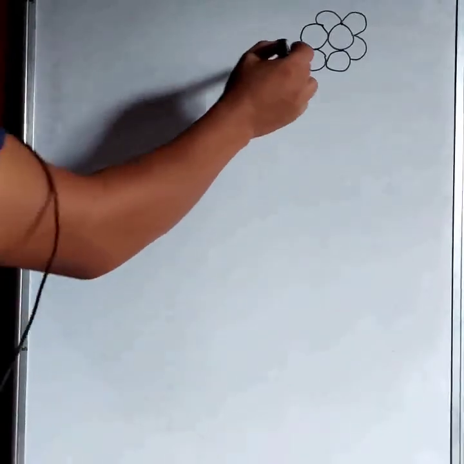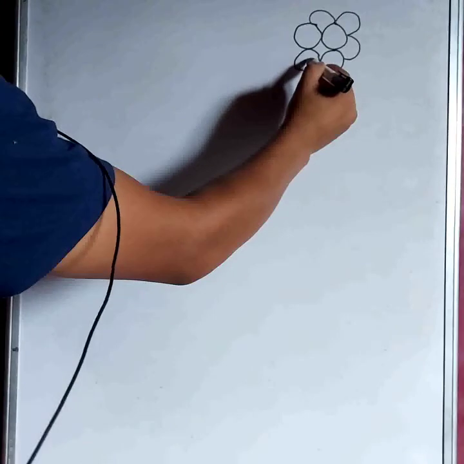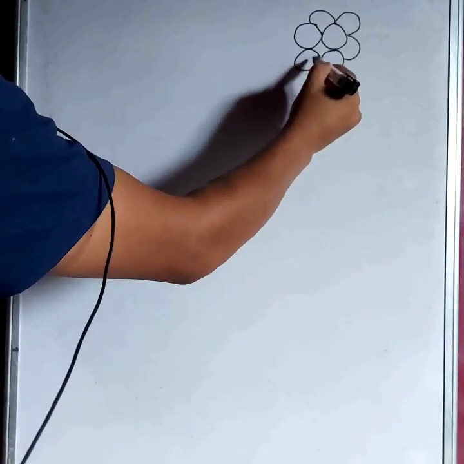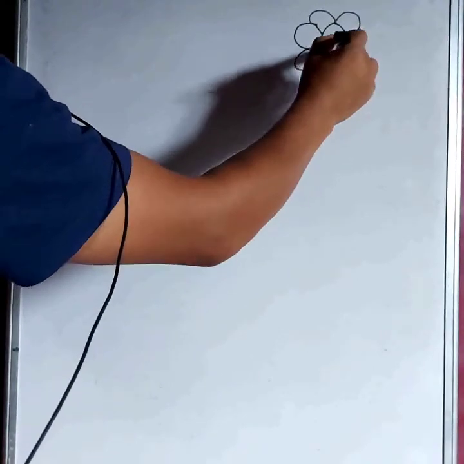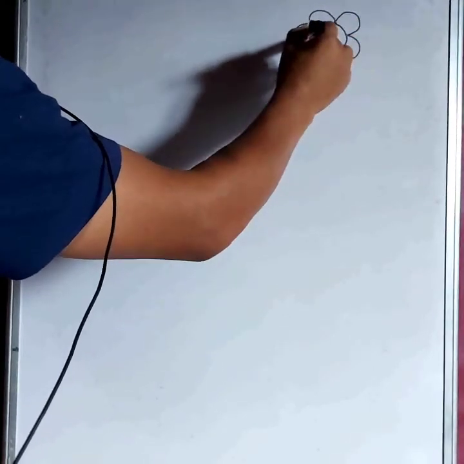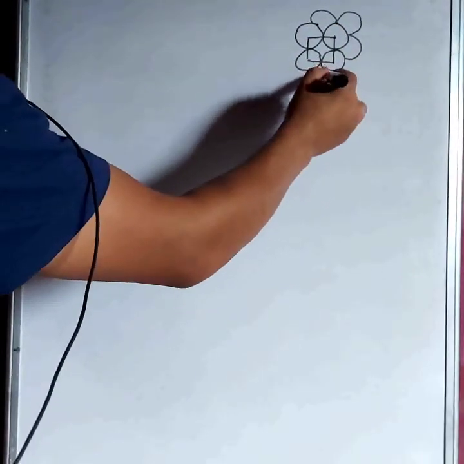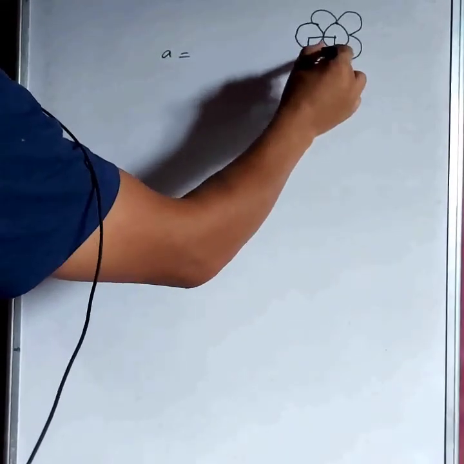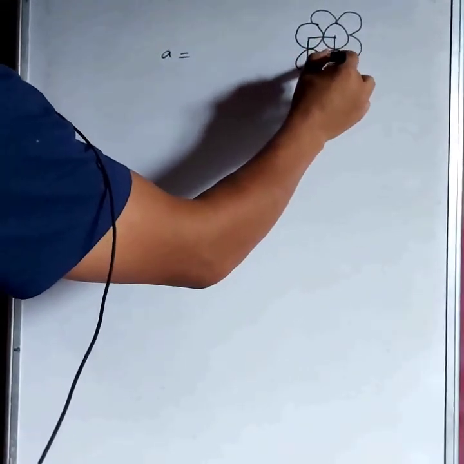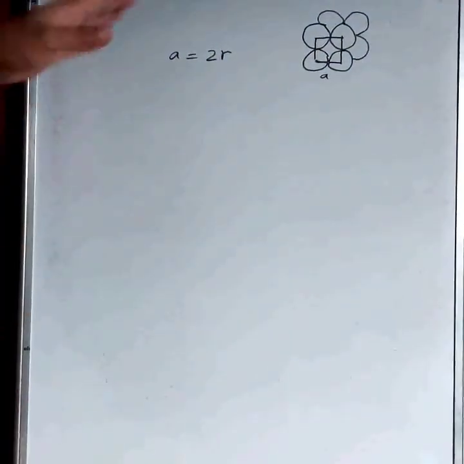If we consider the atoms as spheres, the distance from the center of one sphere to the other center will be the length of each side. So if we take this as a, then a would be twice the radius, 2r. So one edge would be twice the radius.